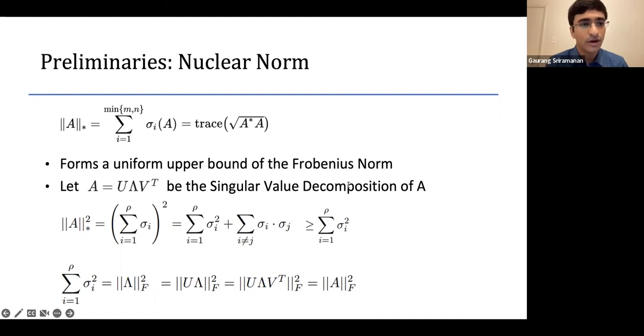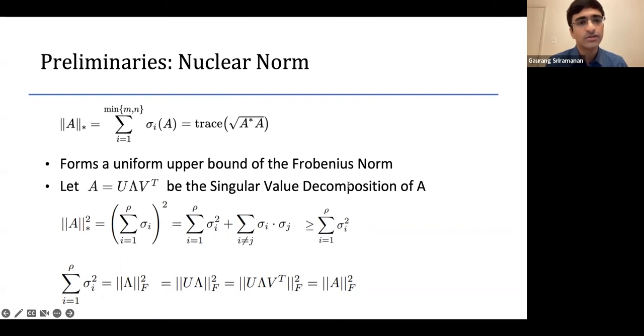So if we look at norm A star squared on the left side, we see that it's the sum of the singular values, everything squared. If we expand the square and multiply out the terms, we first get two terms, one which is the sum of the squares of the singular values, and the second is the sum of cross terms of sigma i, sigma j as shown here.